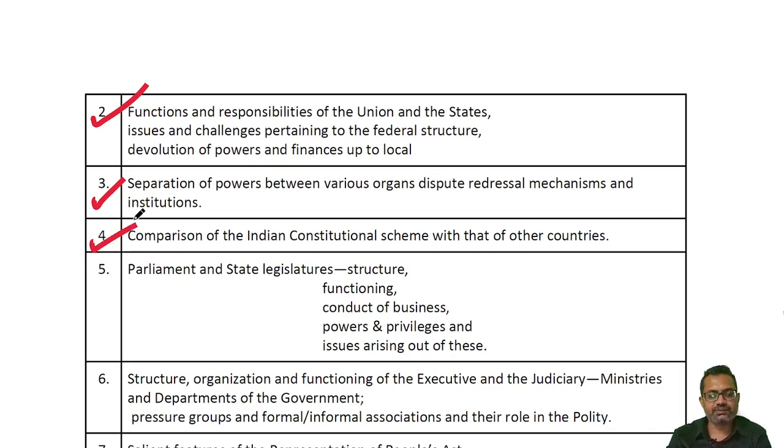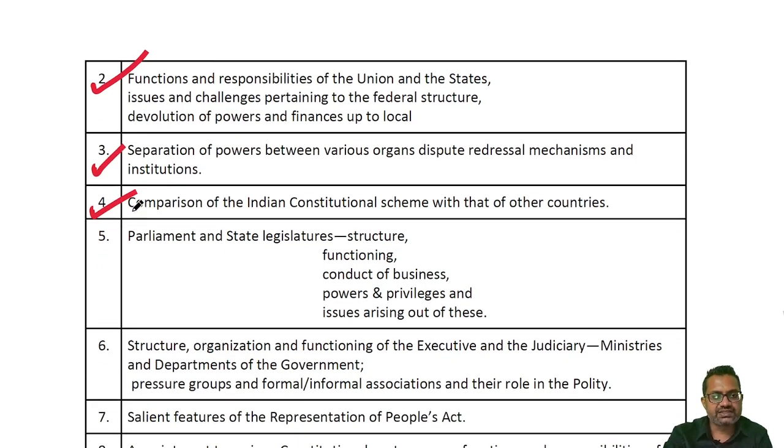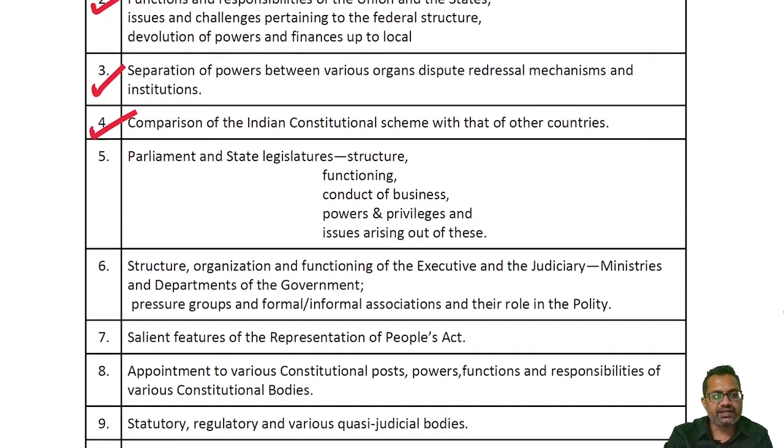Then the fourth topic will be comparison of the Indian constitutional scheme with that of other countries. Then the fifth topic, Parliament and Legislature: structure, functioning, conduct of business, powers, privileges, and issues arising out of them.